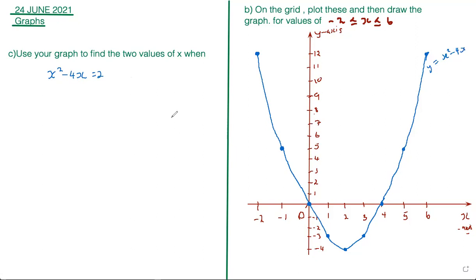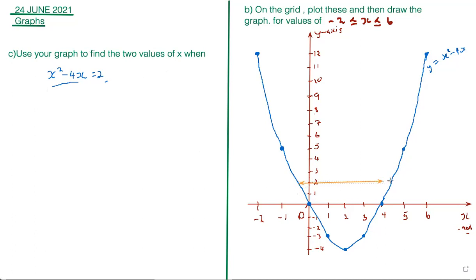What do we do? If you look at it very well, the only thing we replaced was y, okay? When this graph is equal to 2, it means you now know y should be equal to 2 at that point. So what you simply do is you go to where y is equal to 2.